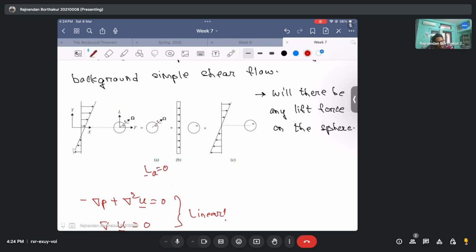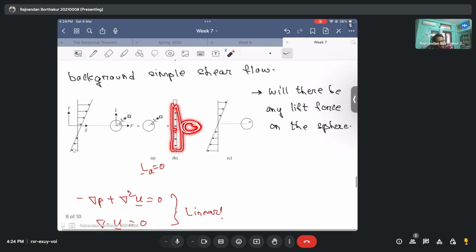In the second case, there is just a stationary sphere in a fluid which has a uniform far field velocity. In this scenario, case B, a stationary sphere subjected to a uniform flow, the lift is 0, and I believe this is just the Stokes problem that you solve.